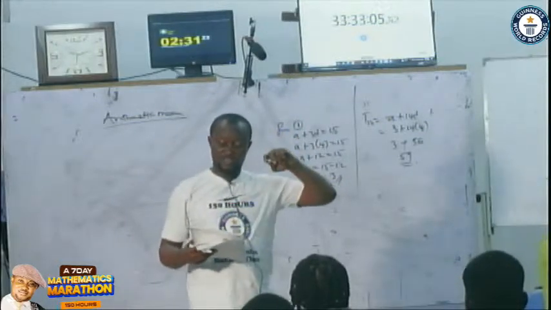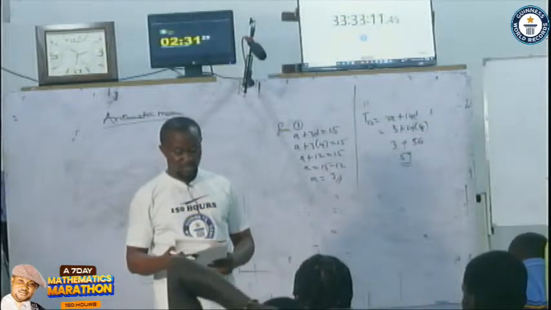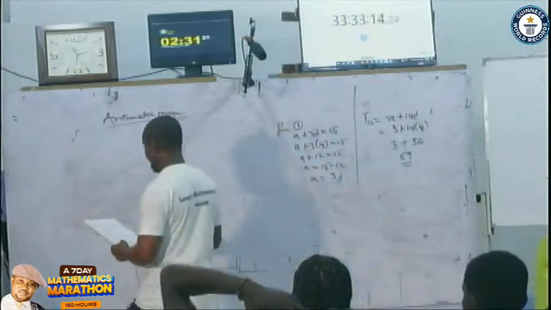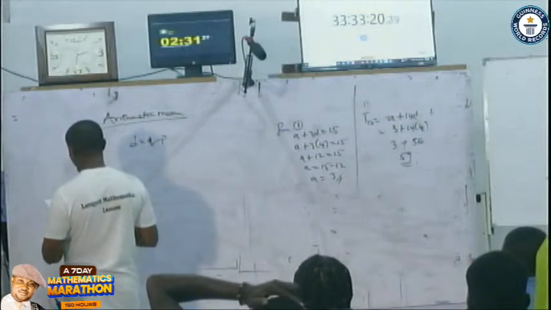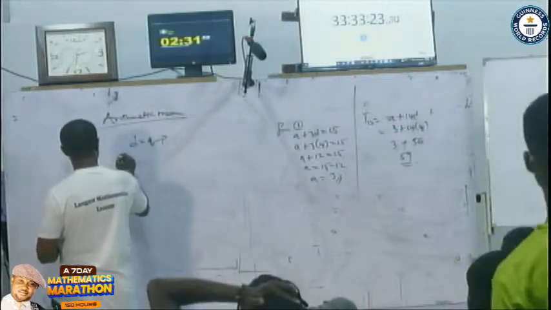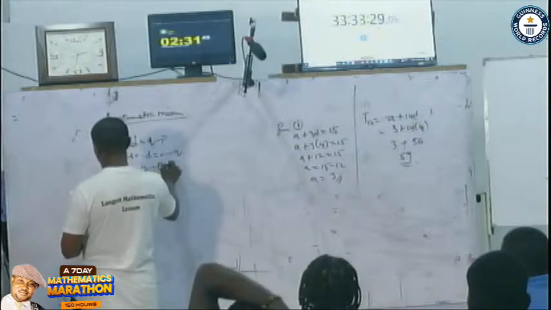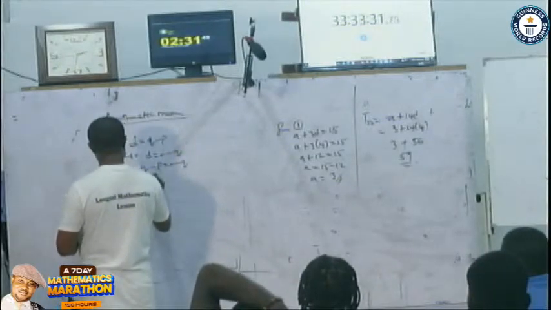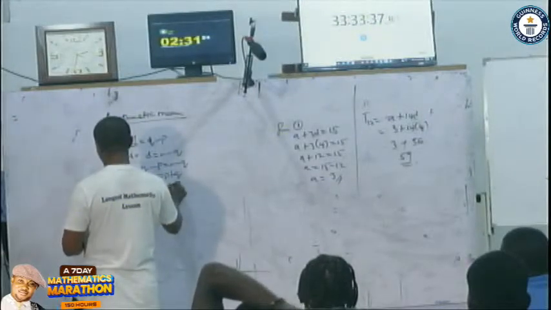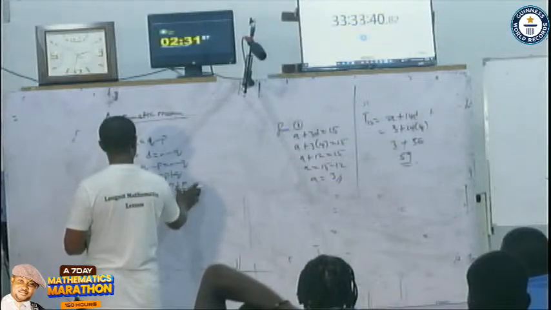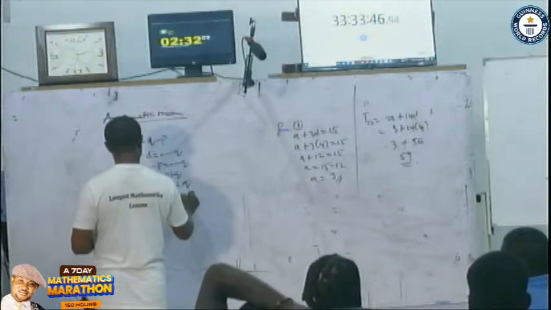So if P, Q, and R are in arithmetic progression, then D equals Q minus P, and also D equals R minus Q. So Q minus P equals R minus Q. Therefore 2Q equals P plus R, and so Q will now be P plus R over 2.